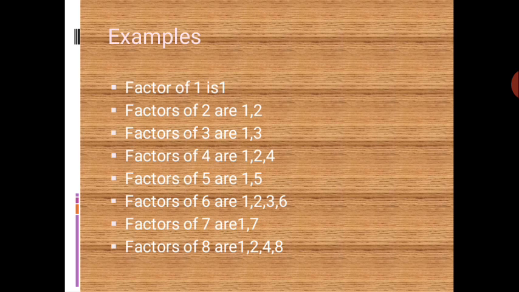And can you observe any other thing? So you can see that 1 is a factor of 1, 2 is a factor of 2, 3 is a factor of 3, 4 is a factor of 4, 5 is a factor of 5, 6 is a factor of 6, and so on. So we can conclude that every number is a factor of itself.